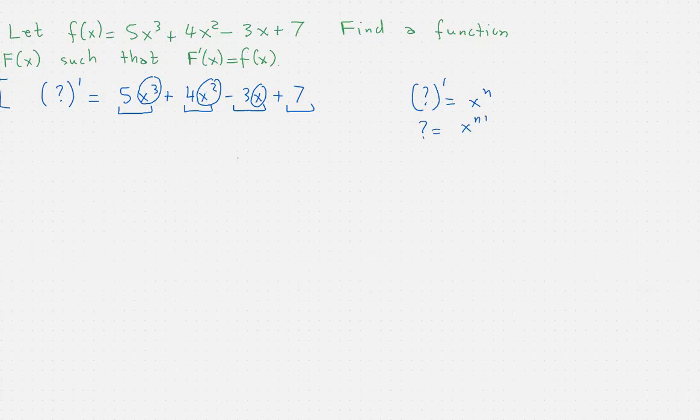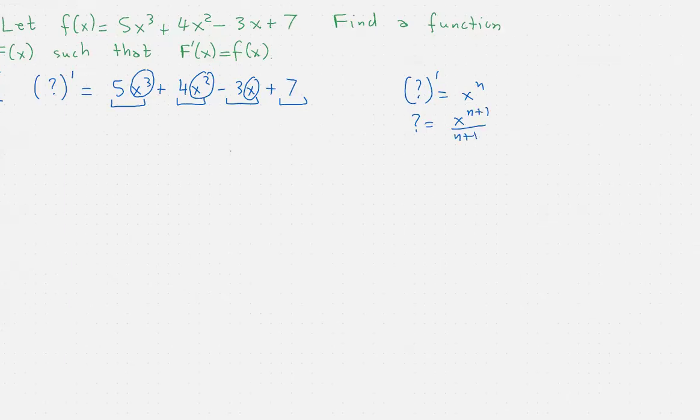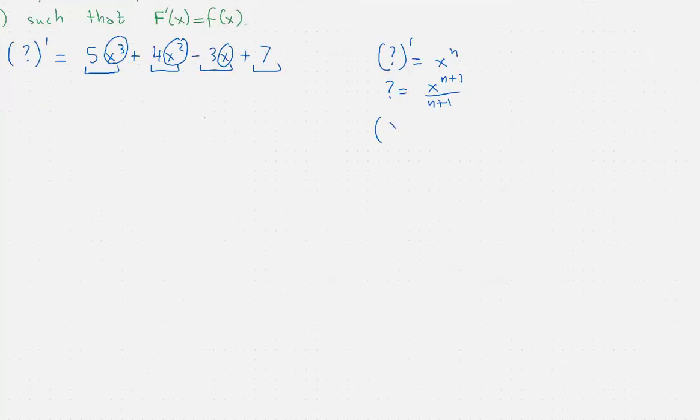And the reason for that is because if you take the derivative of x to the n plus 1 over n plus 1, that's the same thing as taking the derivative of 1 over n plus 1 times x to the n plus 1. And again, derivative respects multiplication by a constant number, so that will be 1 over n plus 1 times the derivative of x to the n plus 1, which is 1 over n plus 1 times n plus 1 times x to the n.